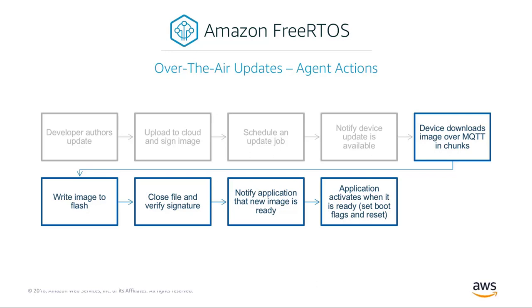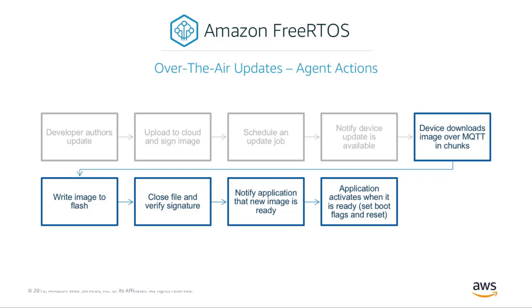At the device, the moment the agent receives an update message, the over-the-air update agent will start streaming the image from AWS over MQTT in chunks and start writing the image in the flash of the device.